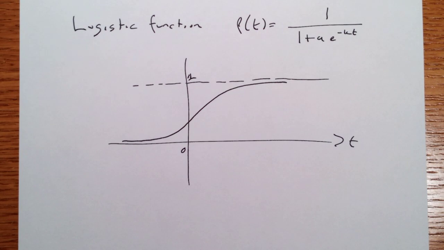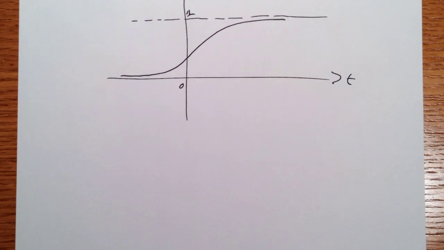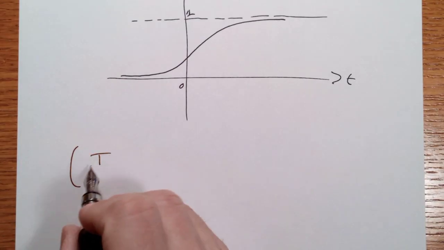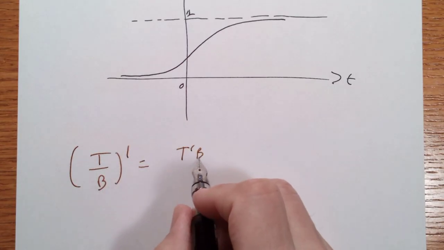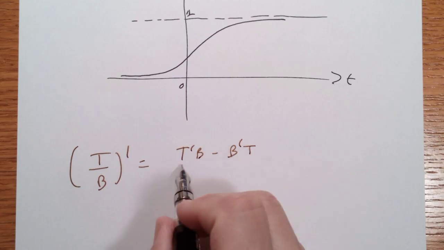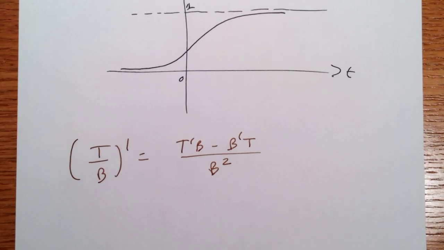Now, last but by no means least, if you remember, when we spoke, I said we have a product rule and we have a quotient rule, and I told you I really didn't like the quotient rule. I told you this square on the bottom didn't just get thrown out, didn't come out of thin air.